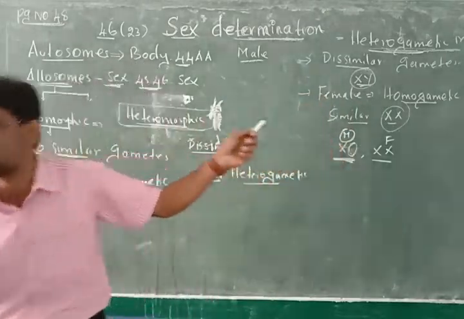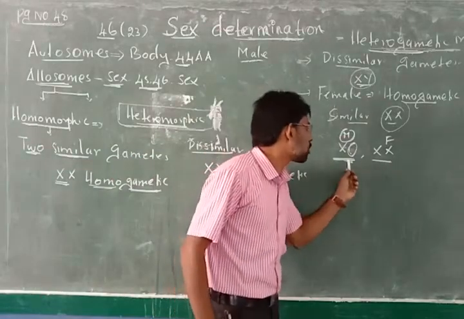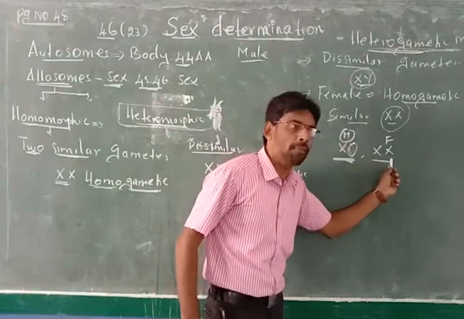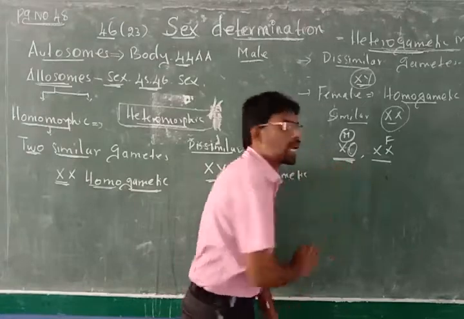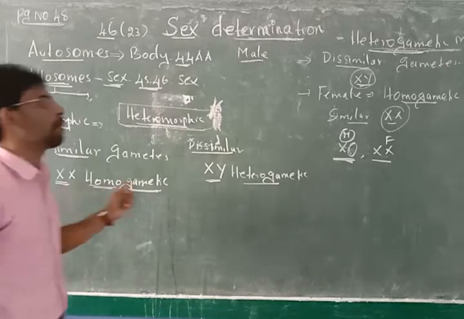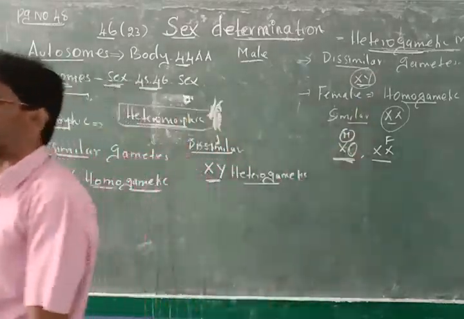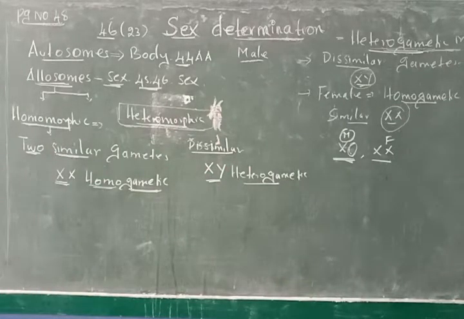Drosophila is a kind of insect. The second one is XO, XX. XO is for male, XX is for female. So XO decides the sex of the individual. That's what I told you for one mark. In certain bugs, cockroaches and grasshoppers, the XO system plays a vital role in the determination of the sex of an individual. Is that clear?